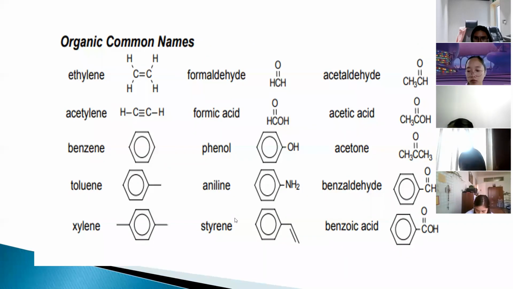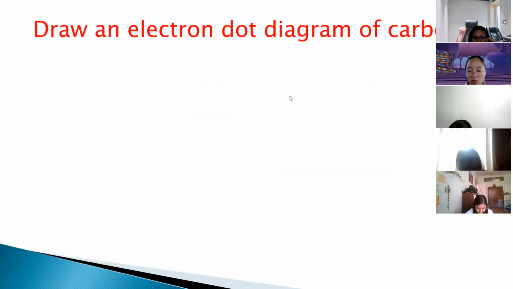So again, these are examples of organic compounds and some of their uses. However, as we go on with our lesson, I'll be teaching you how to name them and how to draw their structures also. Now, let's talk first about carbon.